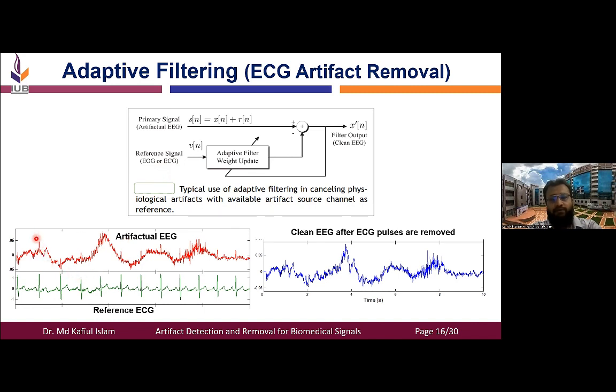For example, here you have an ECG artifact contaminated EEG signal, and you have an additional recording of the ECG signal itself. And then you apply the adaptive filter, where the filter's coefficients can adapt themselves, so that your ECG peaks have gone after you apply this adaptive filter. So the ECG pulses now have been removed.